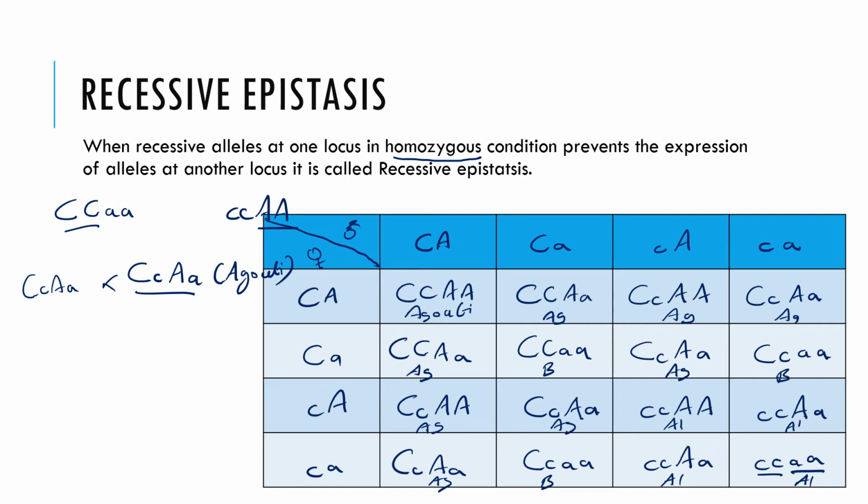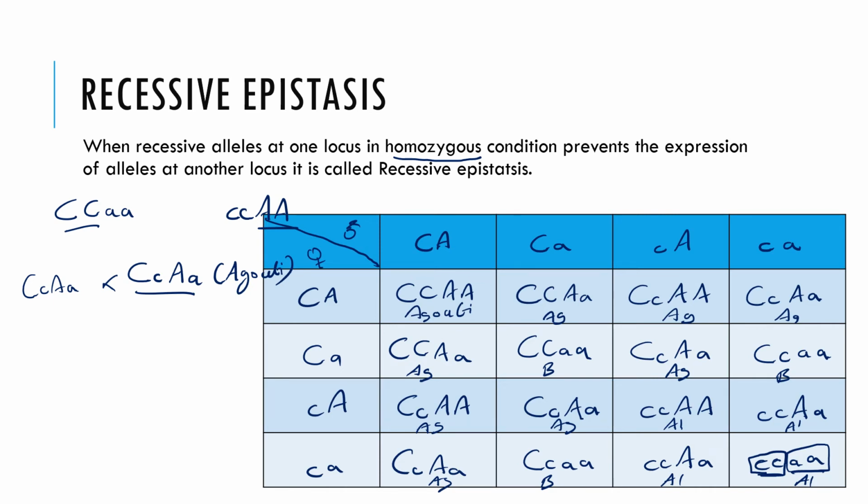And because the other gene is also in the homozygous recessive condition, it won't express itself. So one requirement in recessive epistasis is that the hypostatic gene, the repressed gene, should be in homozygous recessive condition, as well as the epistatic gene.